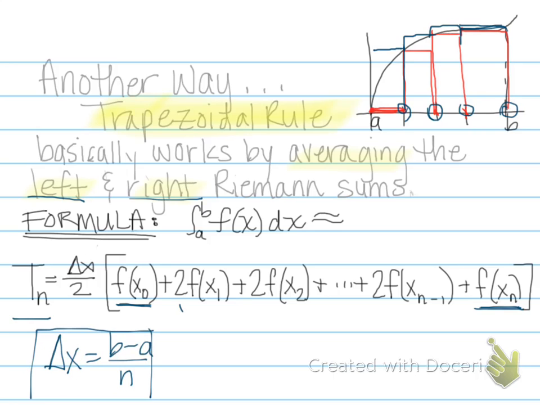And all these middle ones are going to get multiplied by 2. Because if you're adding up the left and the right hands, you're going to use this one once when you're doing the left hand endpoints. You're going to use this one once when you're using the right hand endpoints. All these middle dudes are going to get used twice.